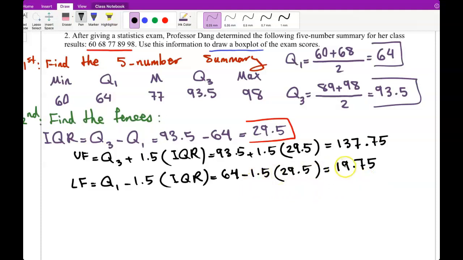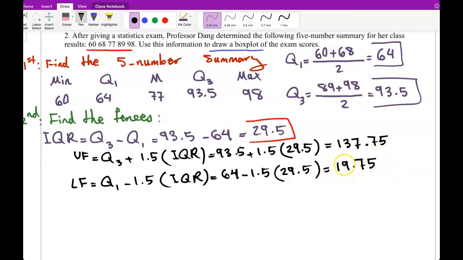Now, after we compute lower fence and upper fence, now we can say if we have outliers or not. So compare these two with minimum and maximum data value. If we had any data values less than the lower fence, so that is the smallest that we have, and that is not less than this lower fence.